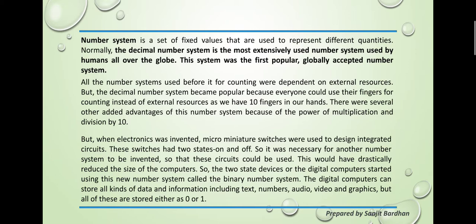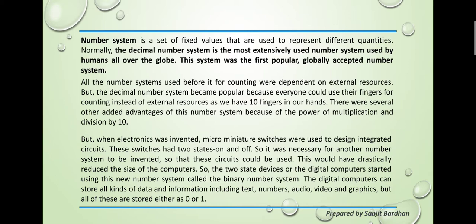That means the decimal number system is the most extensively used because it has a base of 10, okay. All the number systems used before it relied on external resources for counting, but the decimal number system became popular because everyone could use their fingers for counting instead of external resources, as we have 10 fingers on our hands.